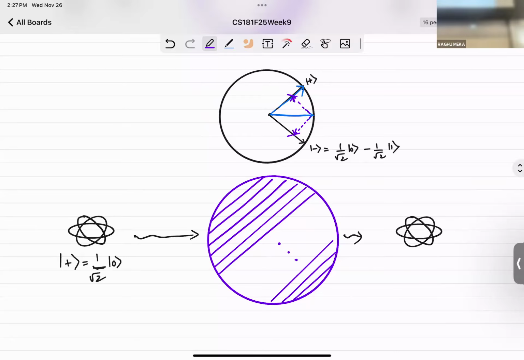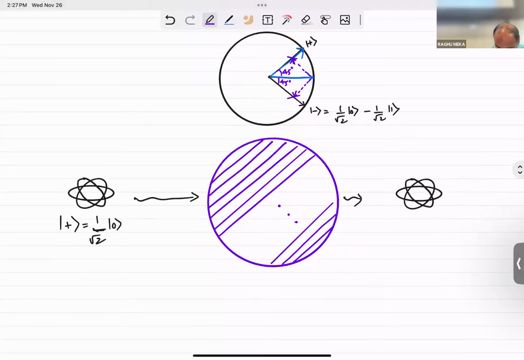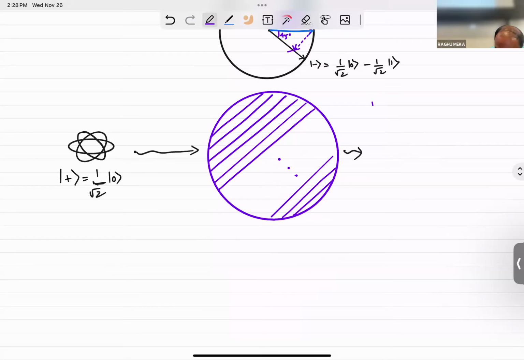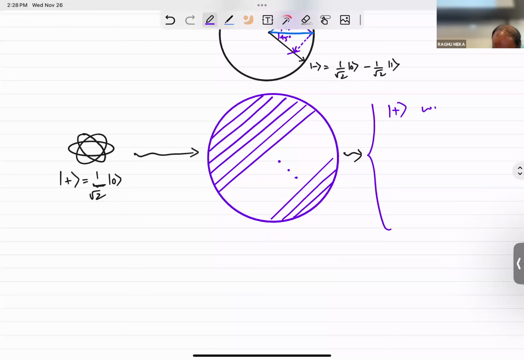So the probability that I would see the plus would exactly be, this is 45 degrees, 1 over square root 2 whole squared, which is half. And the chance that I would see the other outcome minus would be 1 over square root 2 whole squared, which is again a half. Okay. So if I send this out, I would get state plus with probability half and heat otherwise.